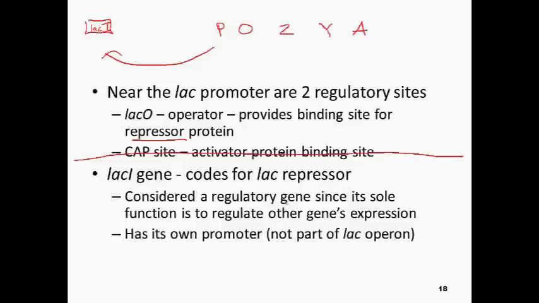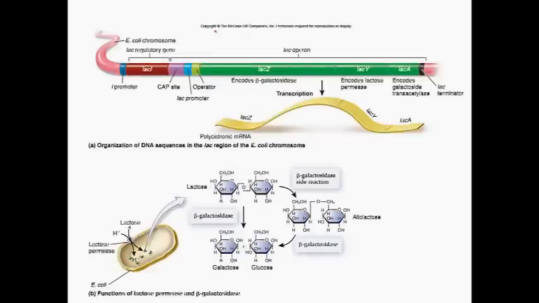Here we have a gene that's regulatory in nature, meaning its only function is to regulate expression of another set of genes. It has its own promoter, it's regulated in its own set of events. It is not regulated by lac O, lac P, or CAP site. So that's very important to establish.